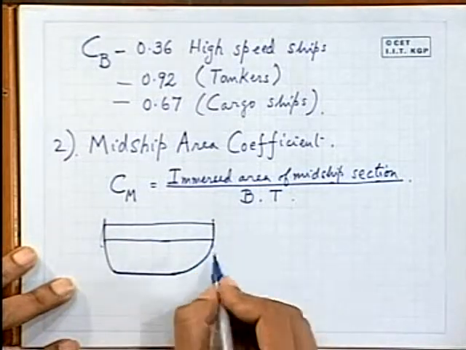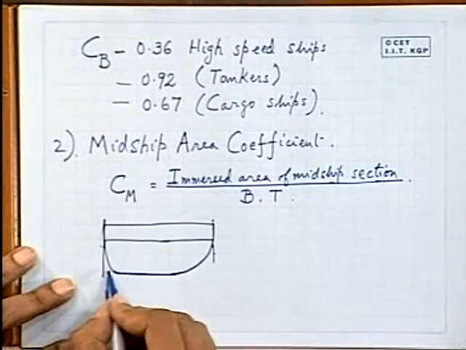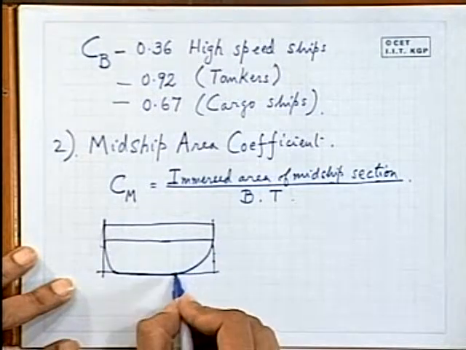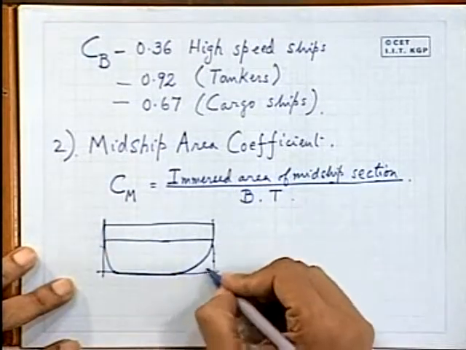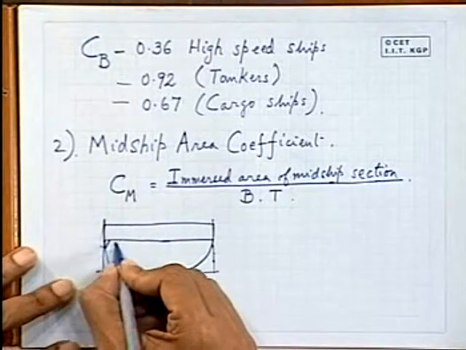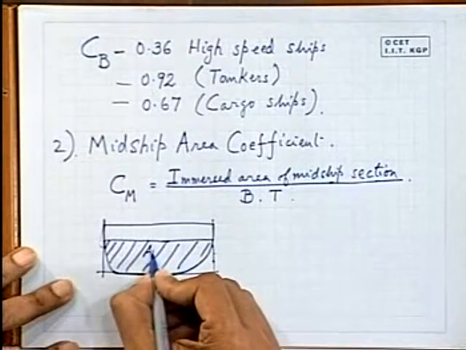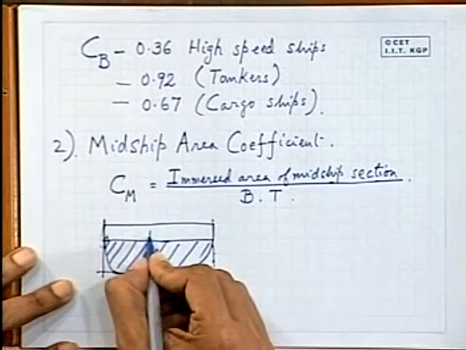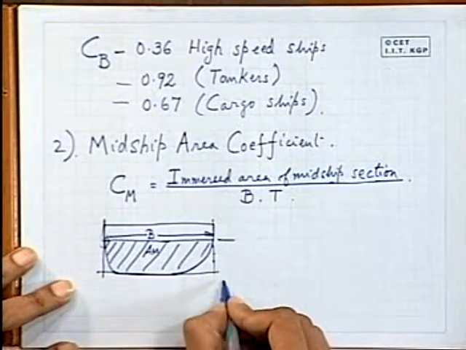Normally you will find at midship the side plating is vertical. When you have crossed the bilge, the round portion is called the bilge, and here the bulk carriers and tankers are much fuller. So this is your midship section area. You can write this as AM, and this is your breadth, that is B, and this is the draft.